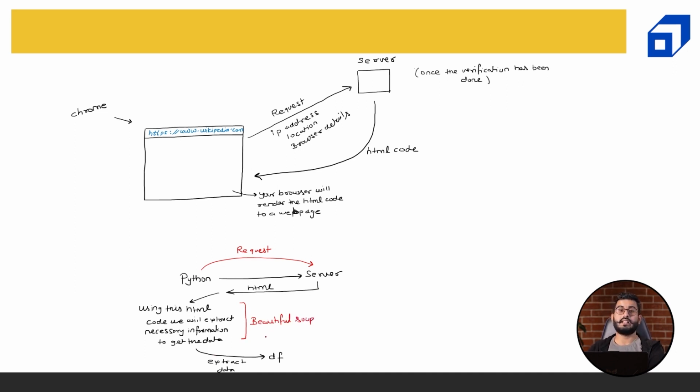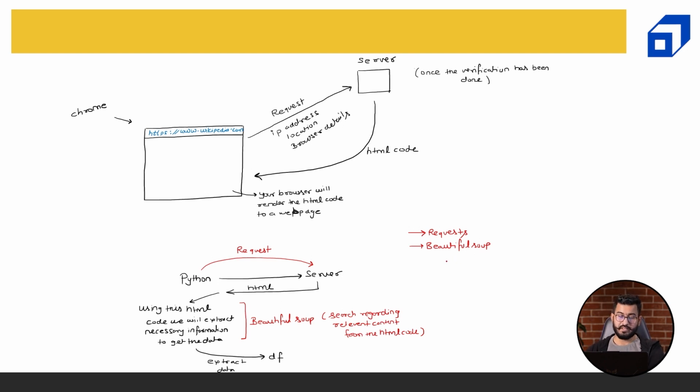This library will help you search for the relevant content from the HTML code. So here we are going to utilize two core libraries, requests and Beautiful Soup.